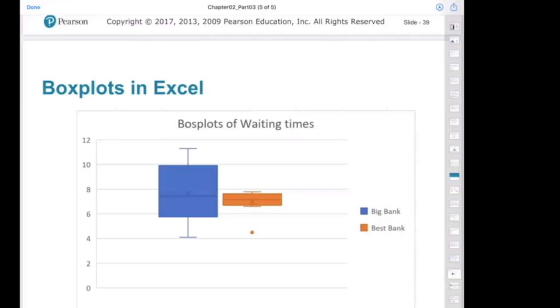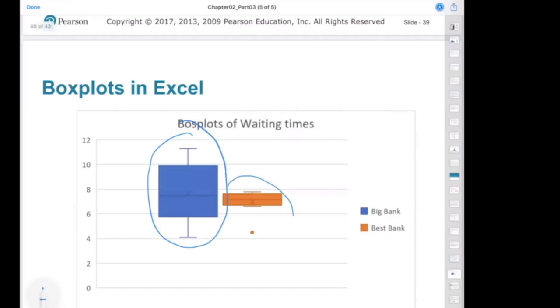The orange one has outliers, but the blue one does not. Which one is symmetrical? Which one is not? The orange one is not symmetrical, so the orange one is skewed. The blue one is not skewed; as you can see here, this one is symmetrical.